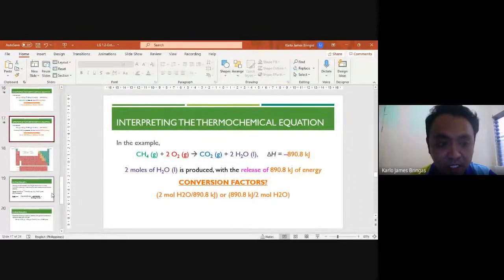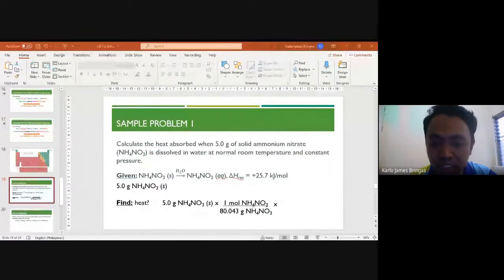Like this. So kindly please type your answer sa chat box for the conversion factors that we can use. Based on the thermochemical equation, kindly give me your conversion factor.